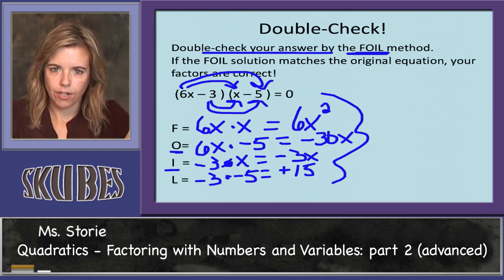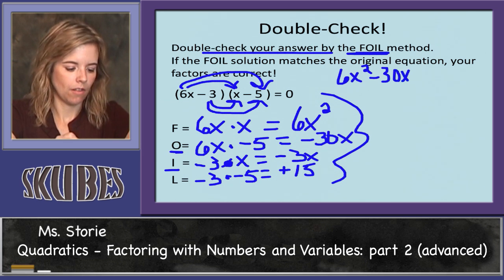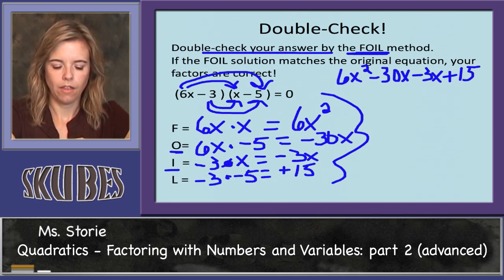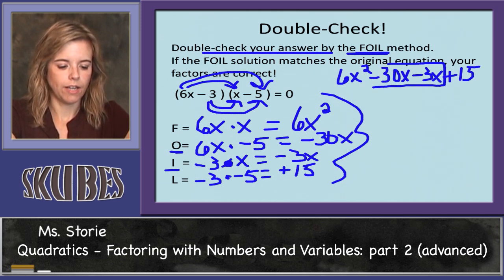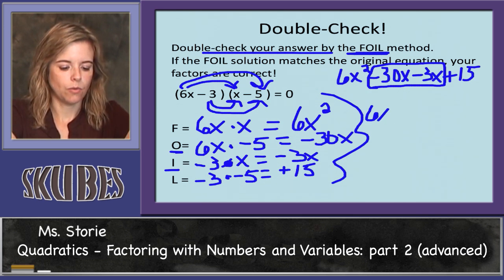Put all of the terms together into one line. So you have 6x squared minus 30x minus 3x plus 15. Notice something? Your O and your I terms right here, they're like terms, so we can combine them. So it turns into 6x squared minus 33x plus 15.